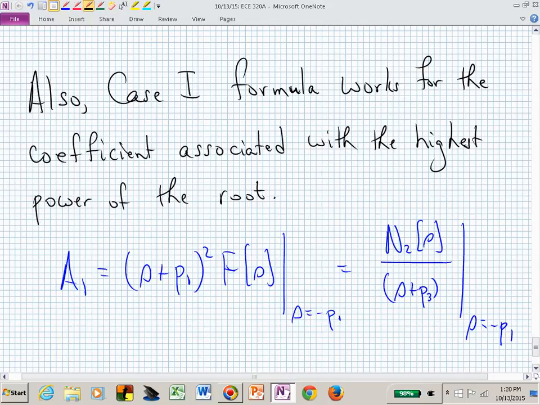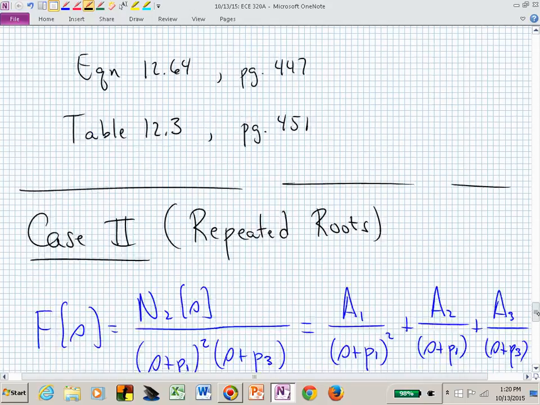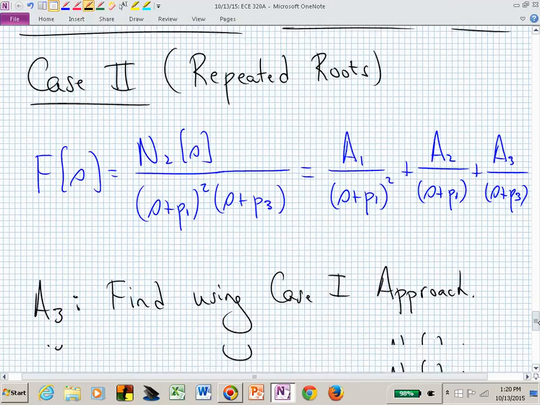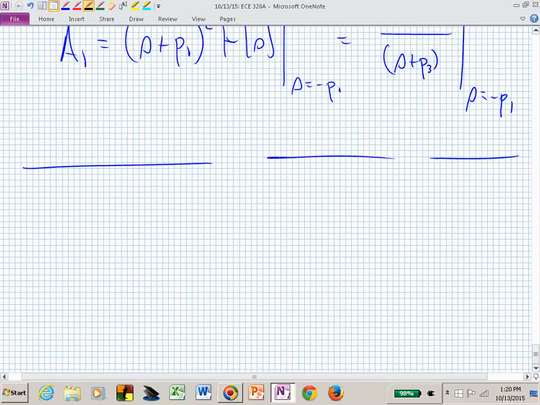And that one was disappearing when s was equal to minus p1. Then all the other terms are gone. Does that answer the question? So I think we now have a1 and a sub 3. We need to find a sub 2.